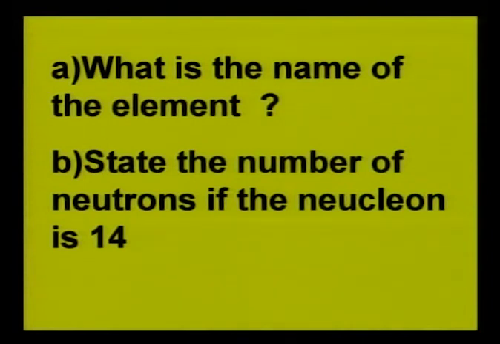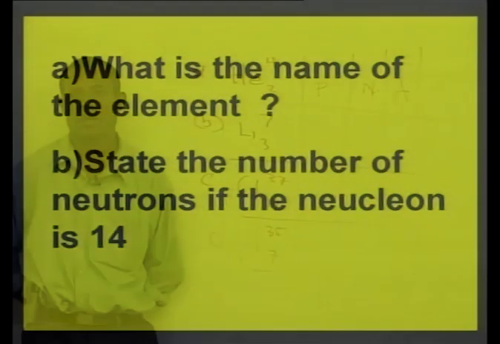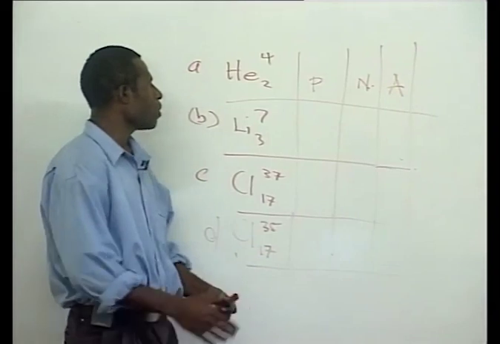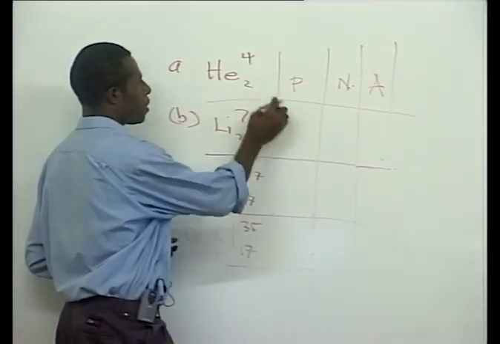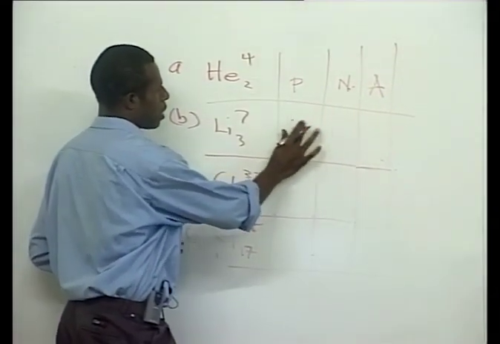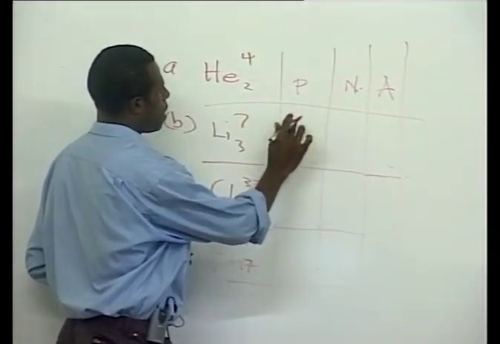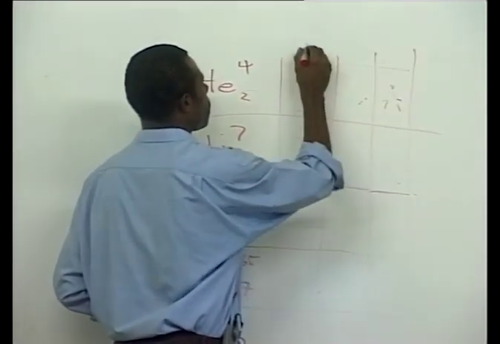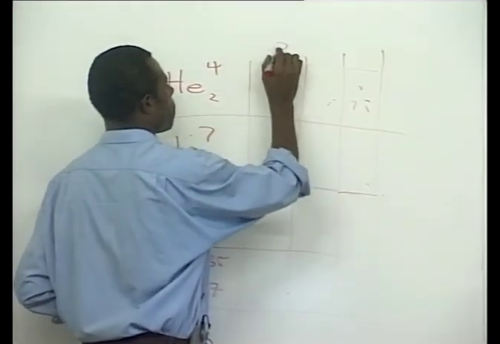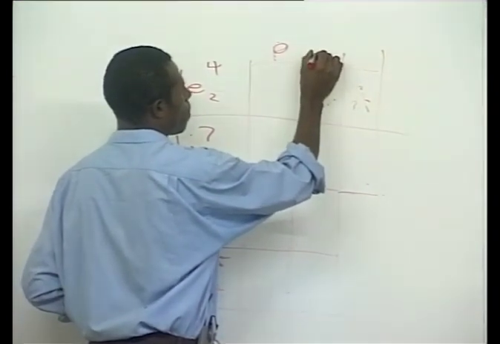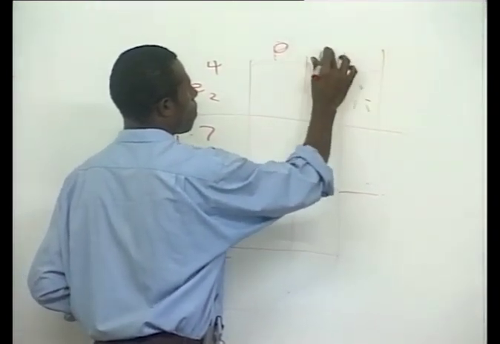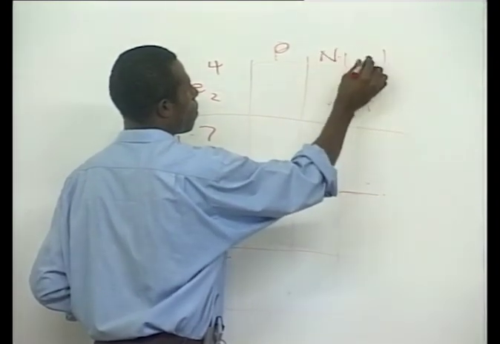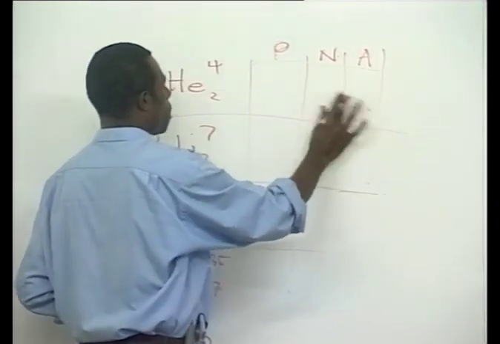What is the proton for helium? Helium has a proton number of 2.